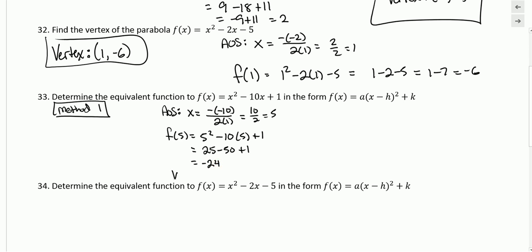So our vertex is at 5, negative 24, and notice a is 1, so we can write f of x is 1 times x minus 5 squared minus 24.